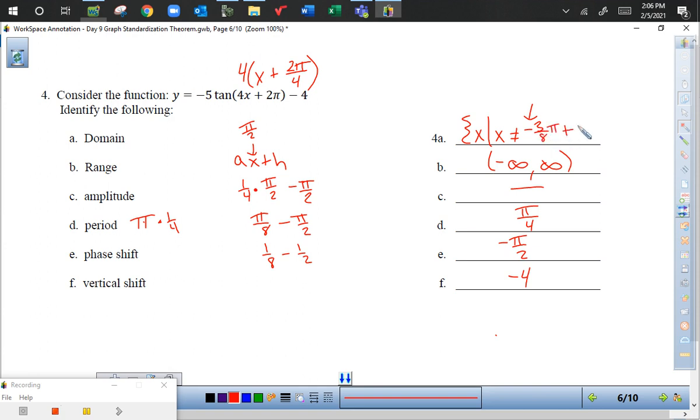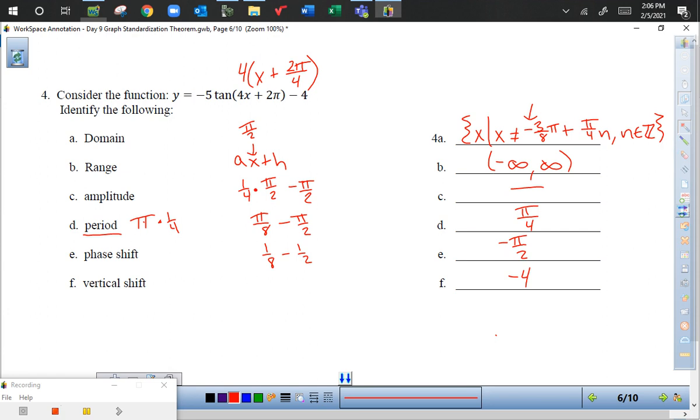And then we say it happens every period after that, not every pi after that. In this case, our period is only pi over 4. So we'll say any number of times, where n is an integer. That'll get better with practice. It's new, so it's a lot to remember right now, but you've got a few tangent problems on your homework to get good practice with that.